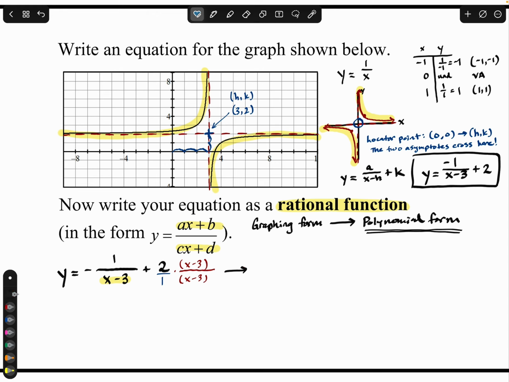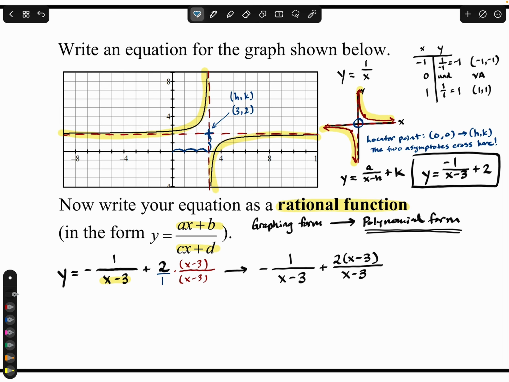So what we have now is a negative 1 over x minus 3 plus 2, and we're going to multiply it times the quantity of x minus 3 over x minus 3. Now, if I wanted to cancel those, I'd be right back to where I started, but we're not trying to go that route. We're trying to actually go the other direction.